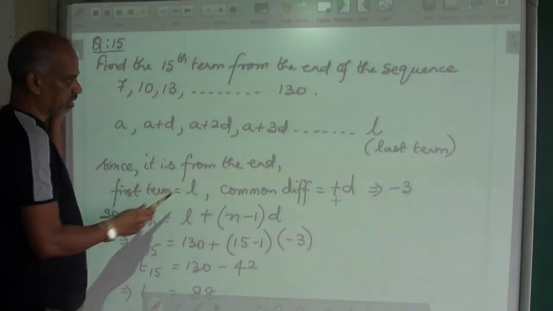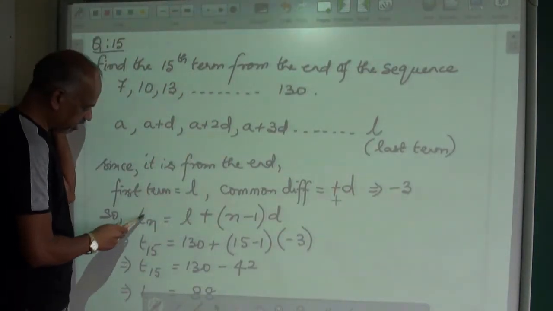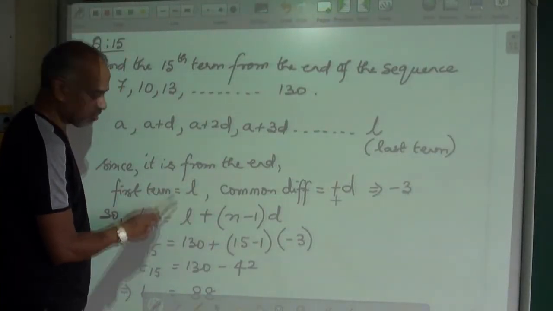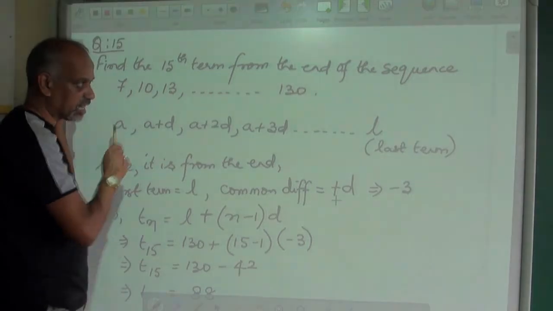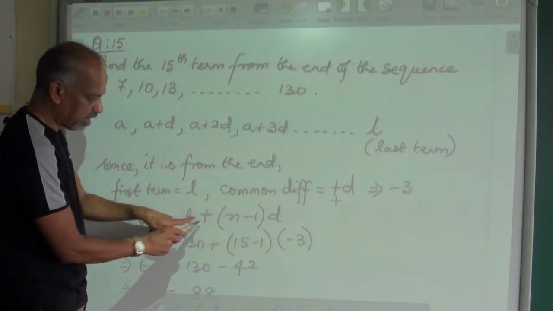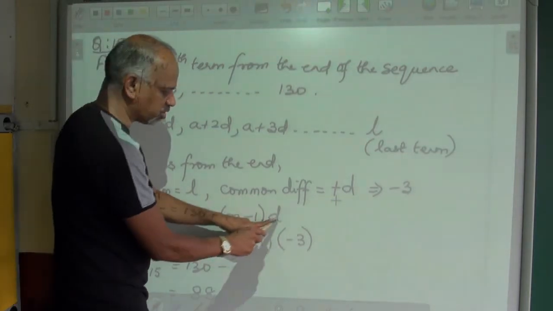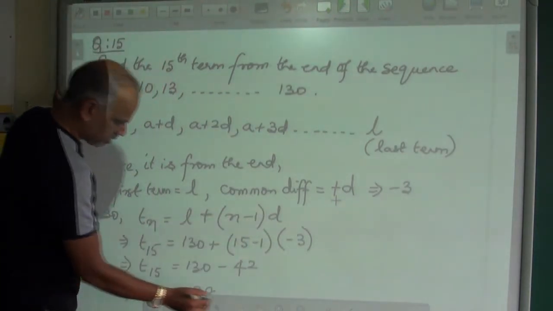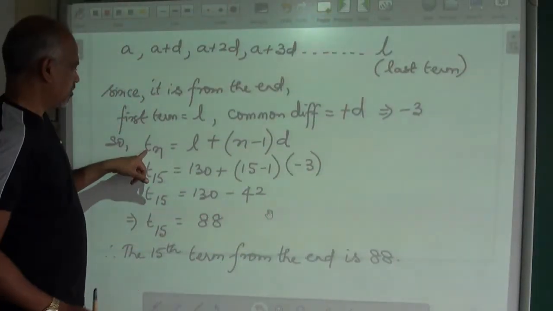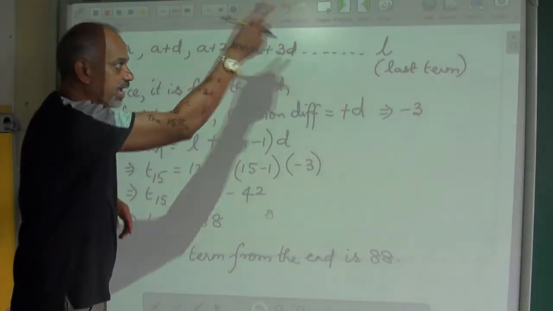So we are going to find the 15th term, therefore let's find Tn. Tn is equal to, not A, we are not starting from here, we are starting from the end. Therefore, the first term here is L. L plus n minus 1 times d. We are going to find the 15th term from the end.